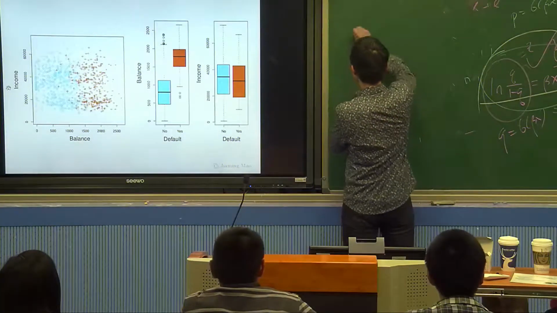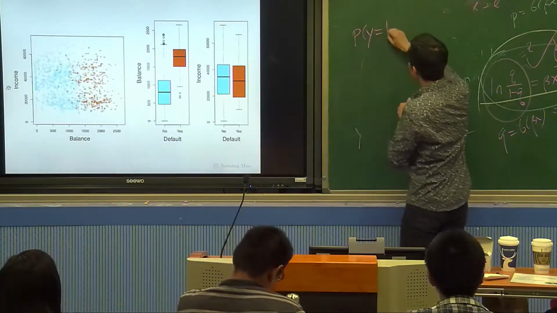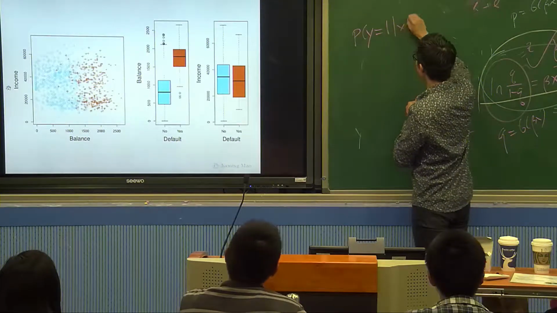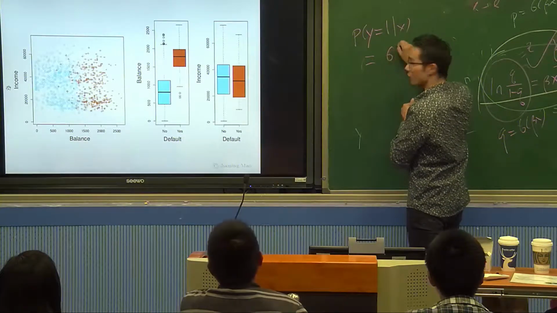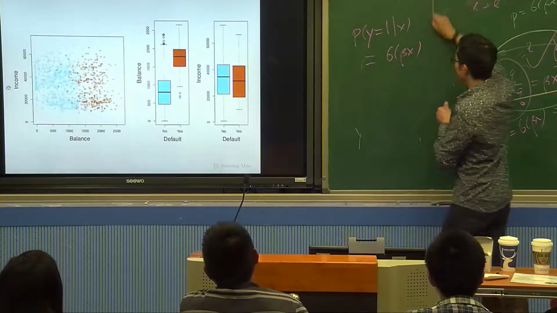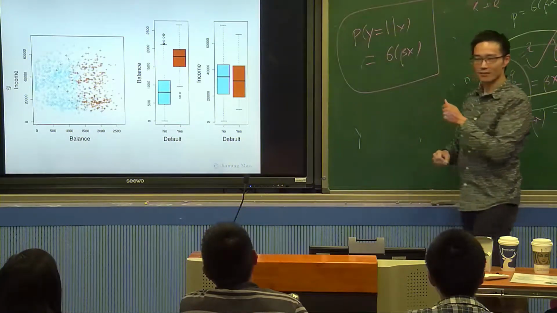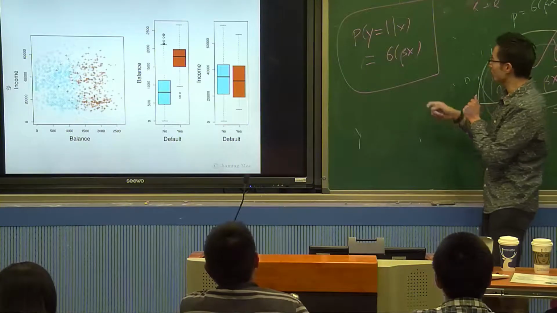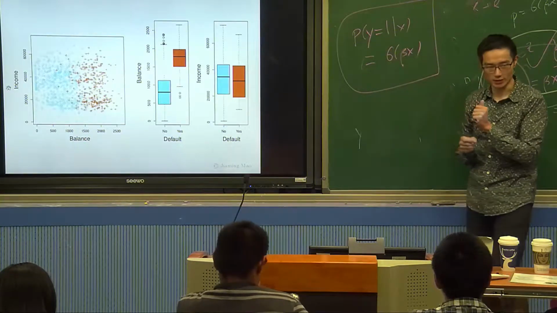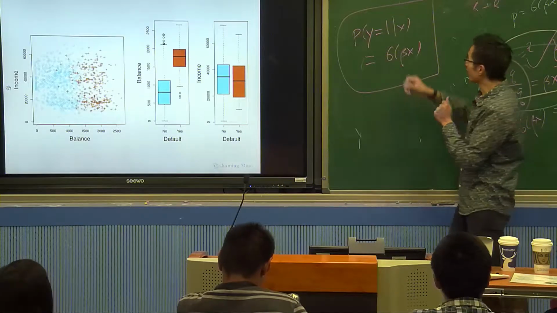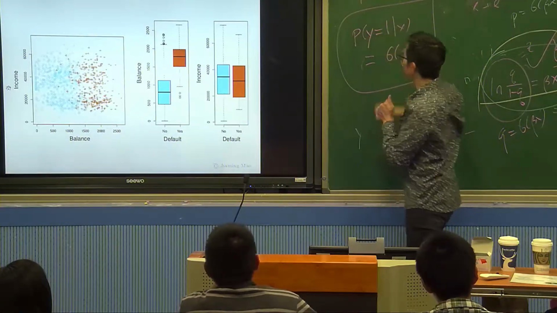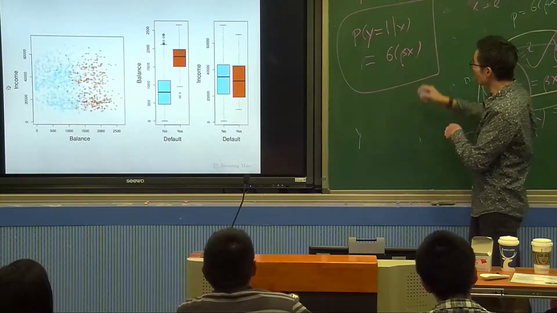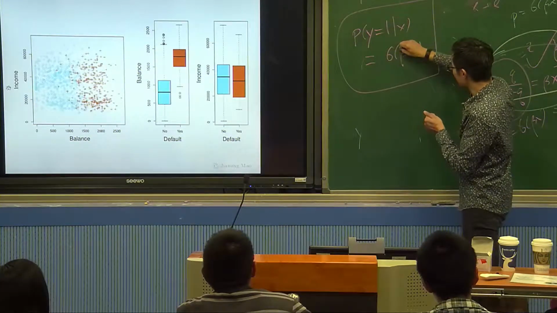The logistic regression model is: the probability that y equals 1, conditional on x, is sigmoid of beta x. That's the most basic formulation of the logistic model, where the probability is a sigmoid. Now suppose y is 0, 1, and I've already estimated beta hat.